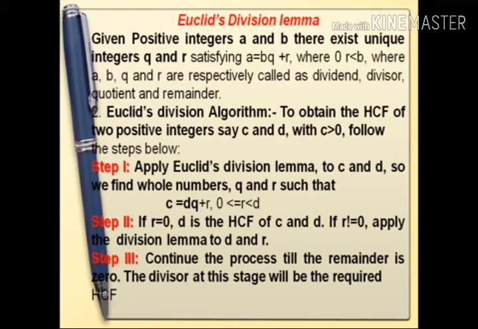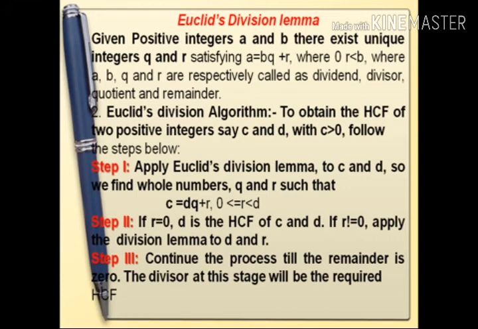That is nothing but Euclid's division lemma. What is that? By the name, you may already have some knowledge or may not, but I will make it clear to you. Given positive integers a and b, there exist unique integers q and r satisfying a equals bq plus r, where 0 is less than or equal to r, and r is less than b.